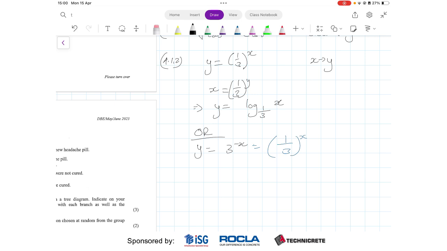Now your x will be equal to 3 to the minus y. Let me do this step by step so that you don't get lost. You will have that minus y is equal to log 3 of x, and y will then be equal to minus log 3 of x. Wonderful.